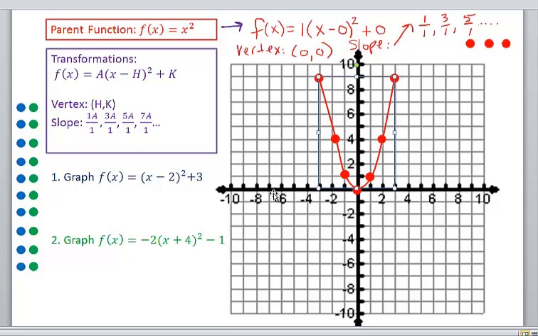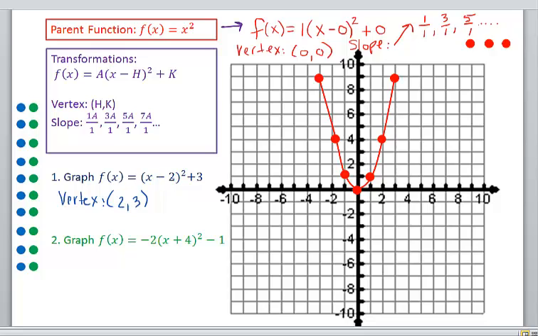Now if I want to take a look at this next example, I'm now being asked to graph the function (x minus 2) squared plus 3. So if I use what I just learned, my vertex now is going to be (2, 3).